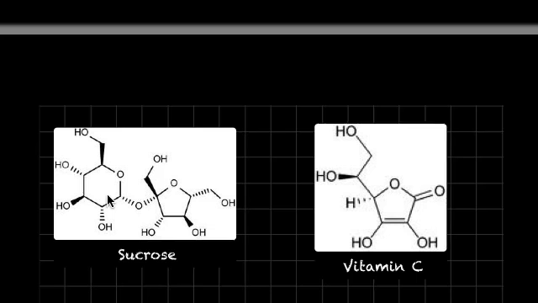Here's a couple of interesting common molecules. Sucrose, table sugar, has a whole bunch of carbons, some oxygens thrown in here, but more importantly, OH. Almost every carbon has an OH group on it. Those OH groups look very similar to water, HOH or H2O. Sucrose, as you know, dissolves very well in water because of those OHs.